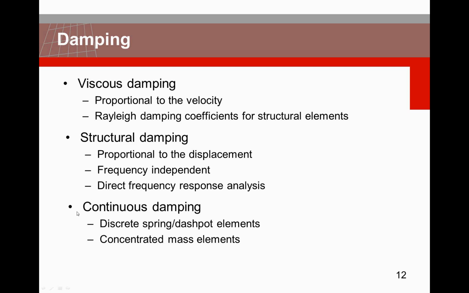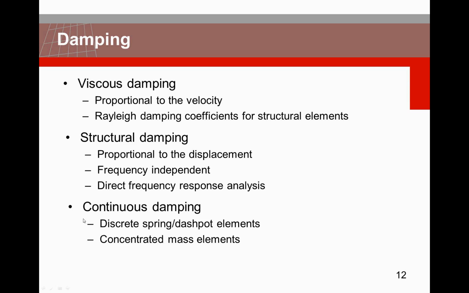And then we have a third type of damping, which is so-called continuous damping, and this comes from the discrete spring dashpot elements. You can use these if you really have, like, shock absorbers in your car, real physical dampers in your system. You can also think about the devices on top of or inside buildings that actively damp out the earthquake motions.